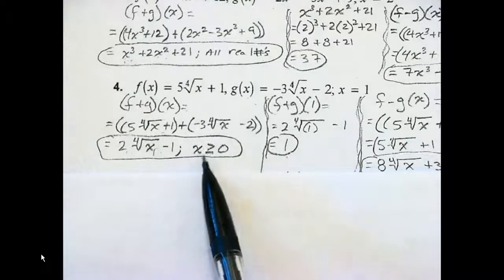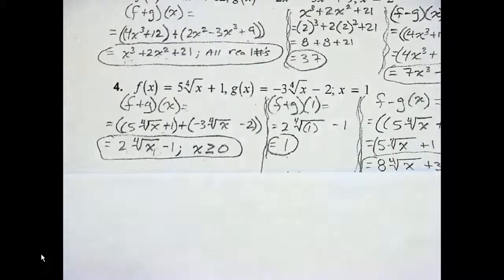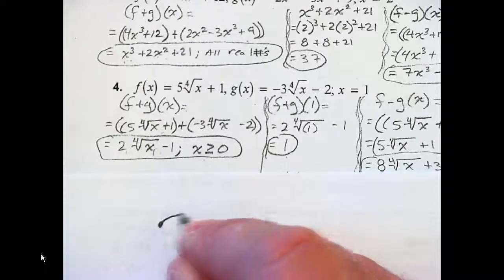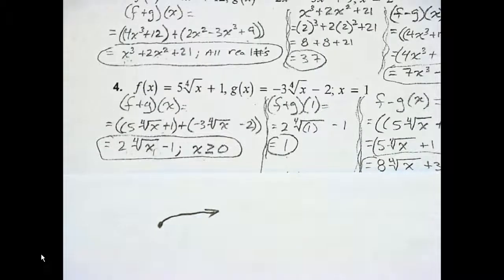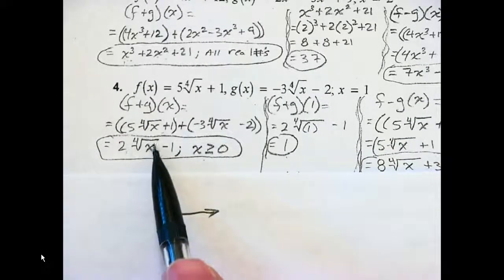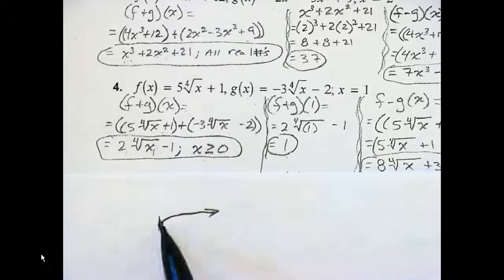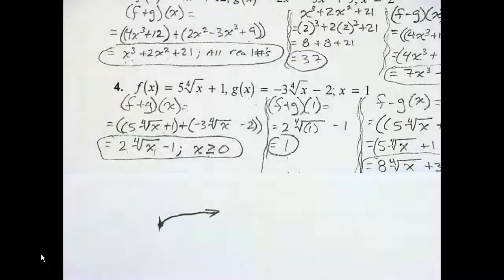So your domain is x greater than or equal to 0 on this one. Okay? So you've got to think of a 4th root. A 4th root does this. It starts here and goes out like that. And therefore, wherever it starts, whatever my h value is inside with x, in this case 0, that's the vertex or the starting point. That's why it's greater than or equal to 0.